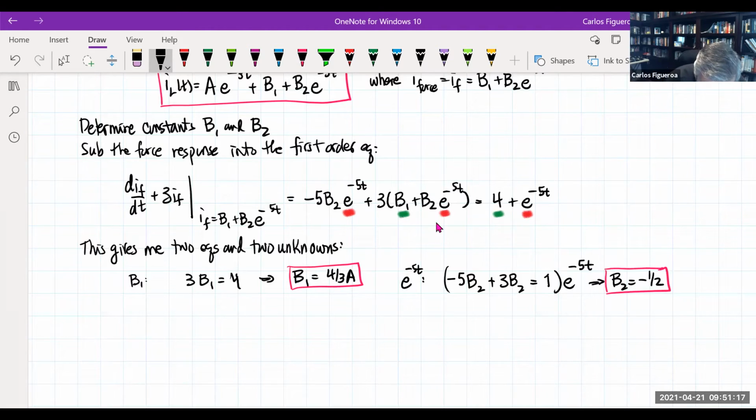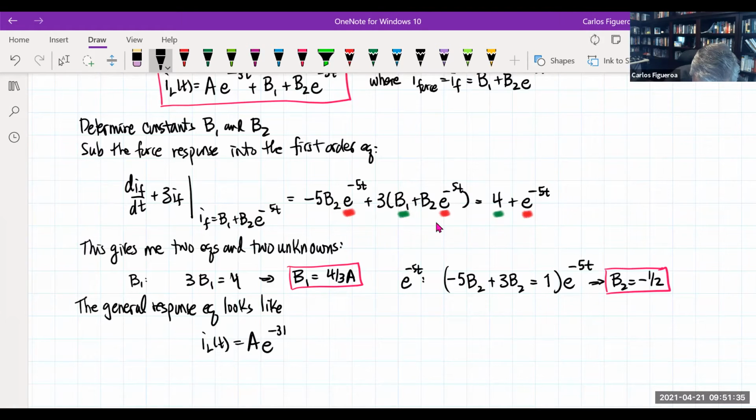So now the general response equation looks like IL of t. This will be A e to the minus 3t. And then I'm going to put in my constants here.